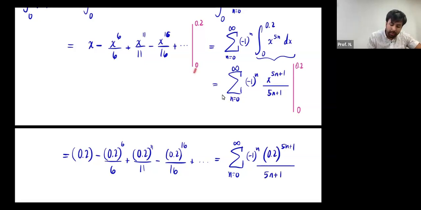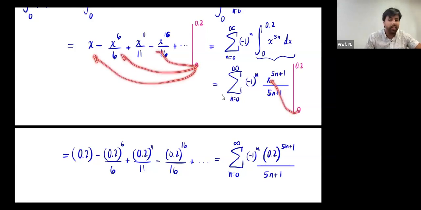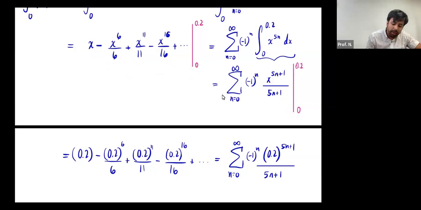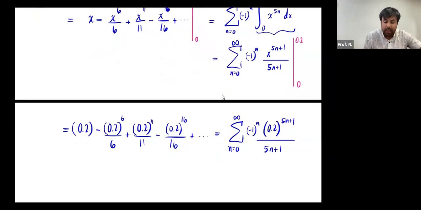Now, I also have to plug in 0 as the value for x. But if you're plugging in 0 into all these x's, you get 0. So evaluating the antiderivative at 0 just gives a 0, so I don't have to worry about it. So now this goes back to where we talked about the alternating series estimation theorem.